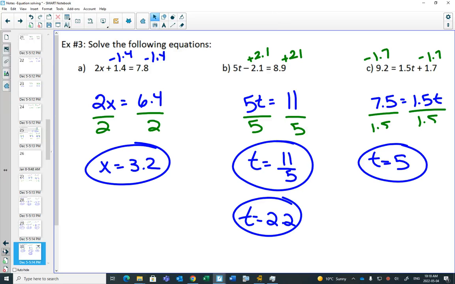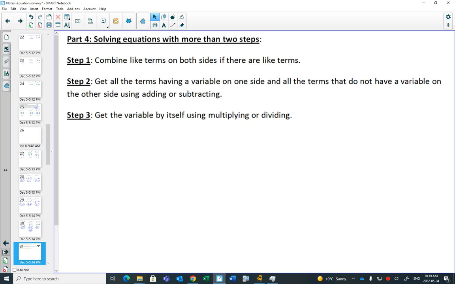And sometimes the context of the question, you might want to write it as a decimal more than a fraction. But often in math, if you need to do more math later on, then you'd like to leave it as a fraction. Okay. So we are done another section, which I will pause the video.